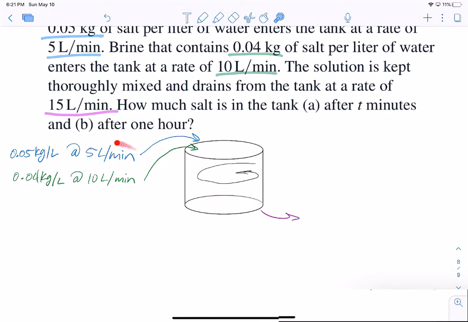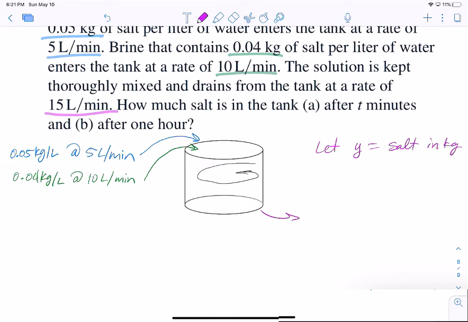So we've got these two brine solutions coming in. We've got the water being stirred around, and then we have some water leaving the tank. We don't know how much salt is actually leaving the tank, but we do know the liquid's leaving at a rate of 15 liters per minute. So we're going to let y equal salt in kilograms.